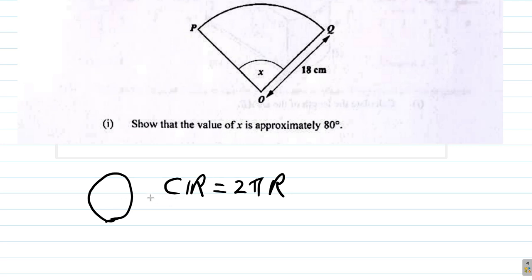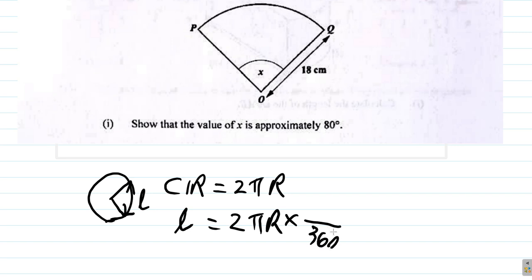But if you get a portion of the circumference, you can call it an arc length. For example, you form a sector. The arc length would be from here to here. The arc length is 2 pi r, the entire circumference, multiplied by the proportion of the angle over 360. So in this case, you can call the angle theta, or in this case, x over 360. You see that?